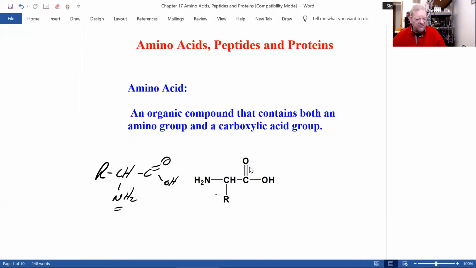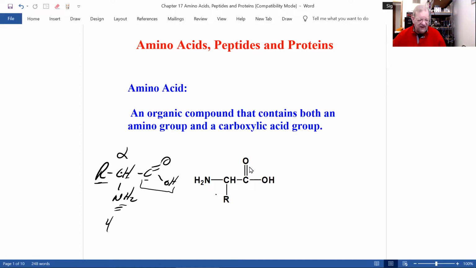And the amino group, the nitrogen, is always on the carbon attached to the carbonyl carbon, the alpha carbon. Now, when R is not hydrogen, anything else, then on this carbon right here, the alpha carbon, you have 4 different groups, R, amino, hydrogen, and this right here, carboxylic acid.